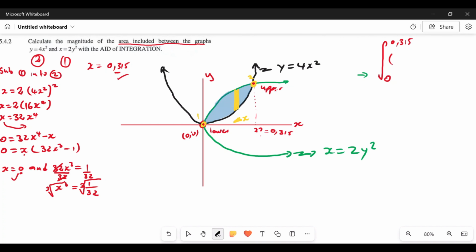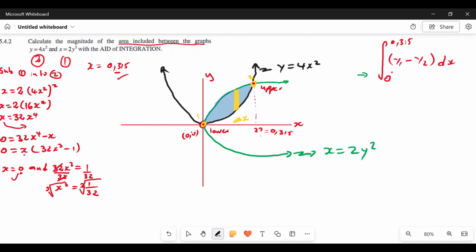Then there's something that I need to inform you about, guys. We have to subtract these graphs, but how do we do that? Let's look at this green graph. When you look at the highlighted area here, the green graph is on top. So this basically means that the green graph, which we called 1, we can say y1 minus y2 dx.